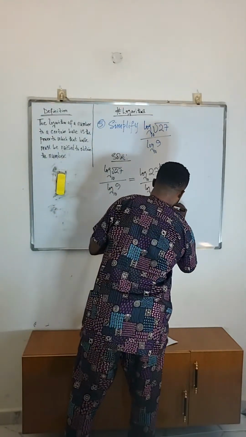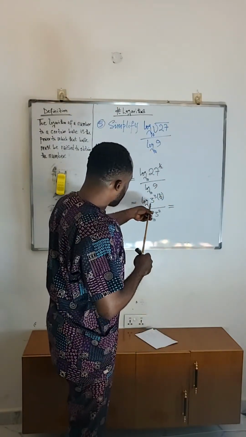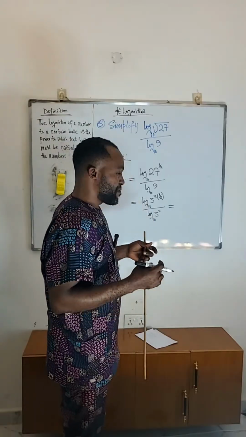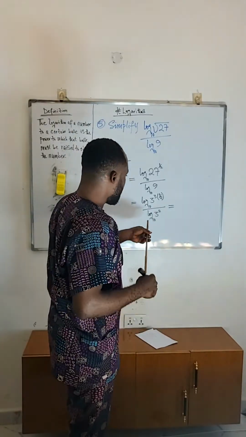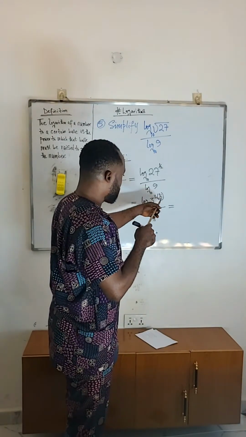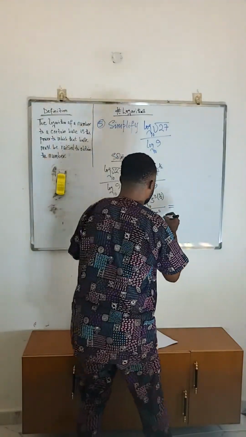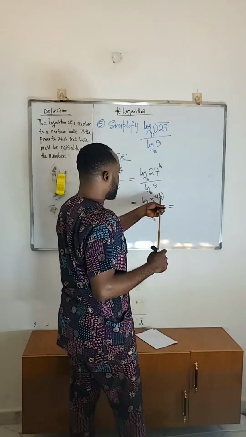Then in the next step here, now let's see. If you remember the power law of logarithm, here now is 3 times 1 all over 2. So the power here is 3 over 2.